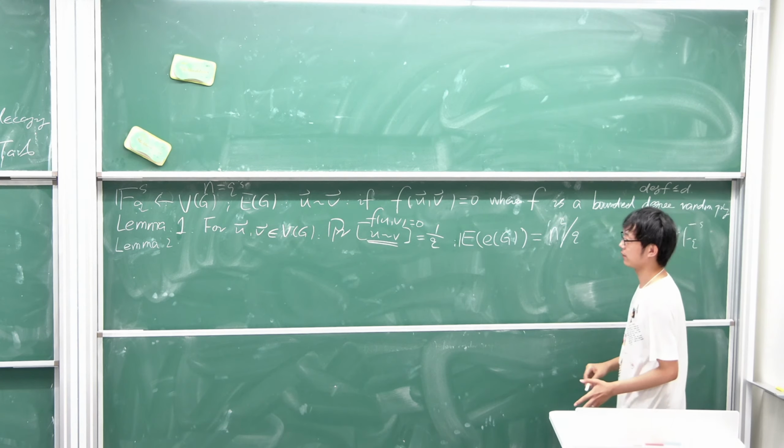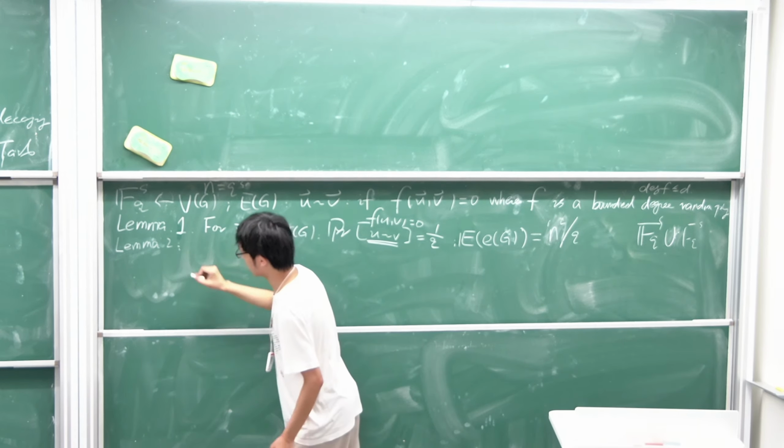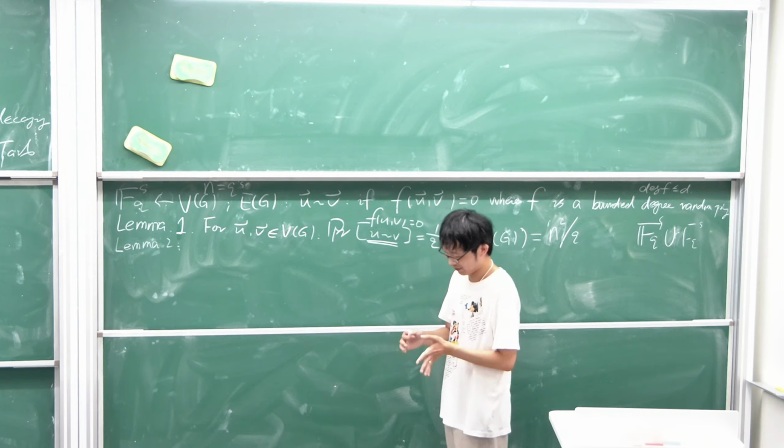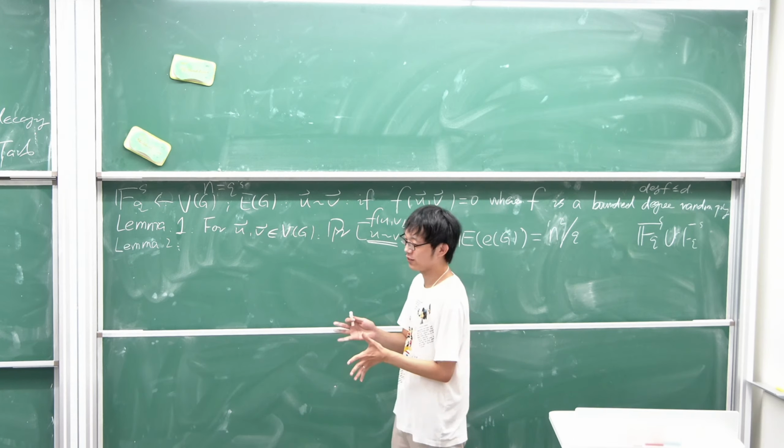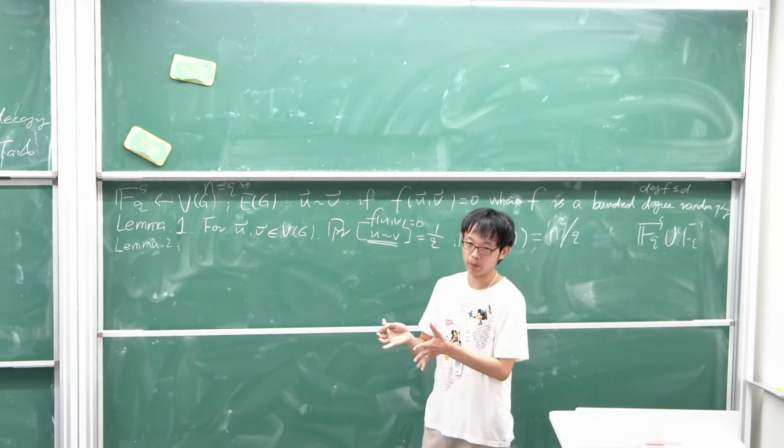The second lemma tells us that it behaves like a random graph when we count some small patterns.